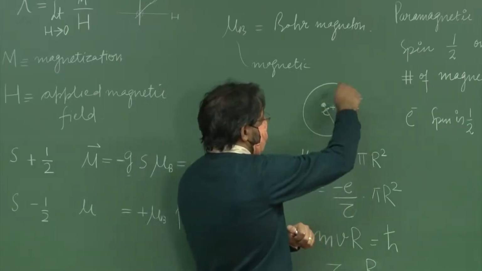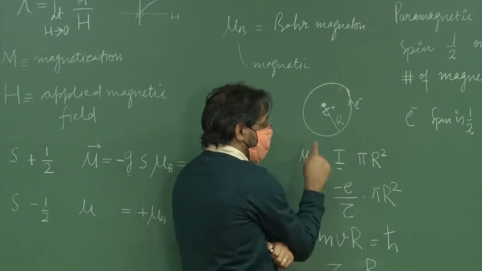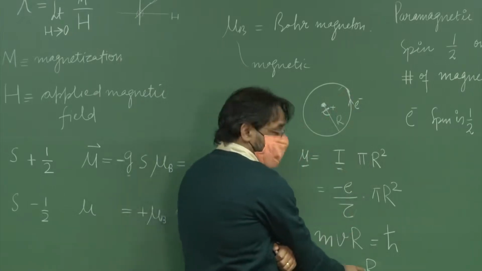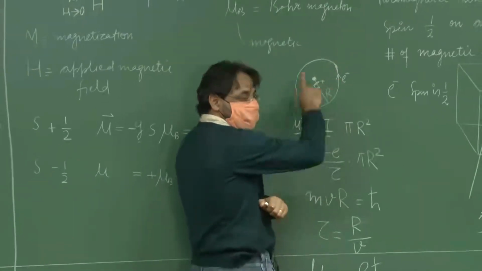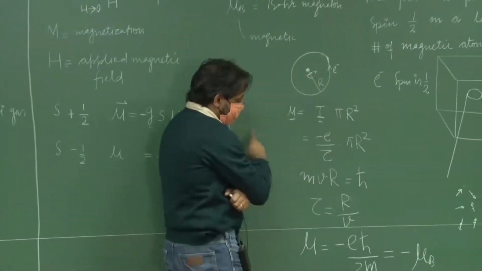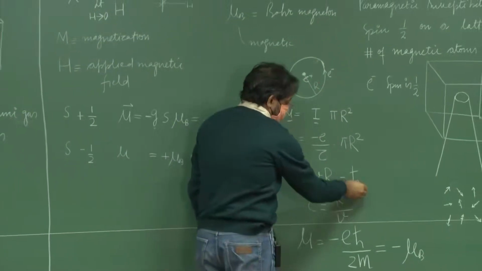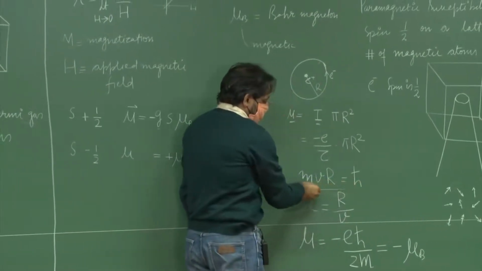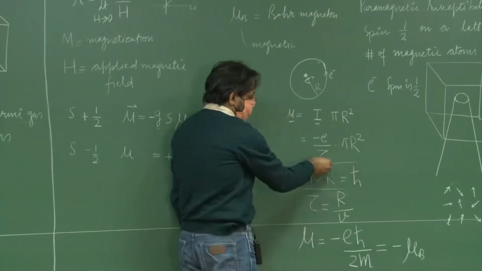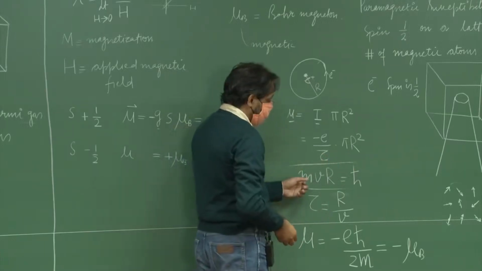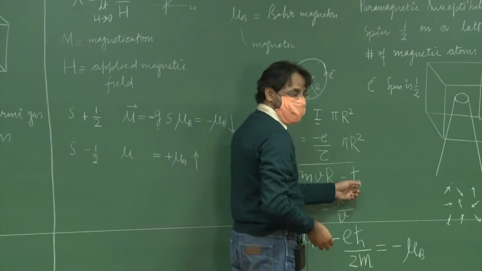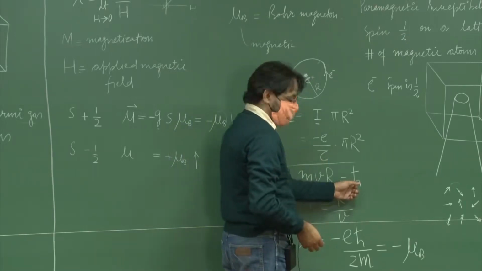You can write tau as 2 pi r divided by v, where v is the speed with which the electron is going around. As I said, we are calculating the magnetic moment in the ground state. You know from Bohr's model that in the ground state of the hydrogen atom, the orbital angular momentum L is h bar.